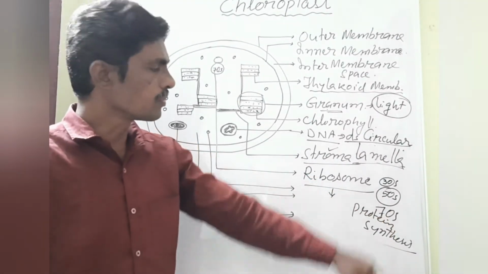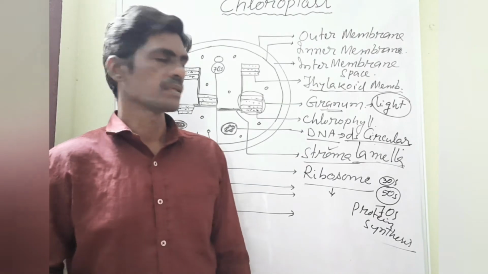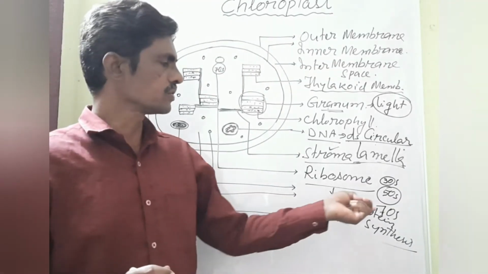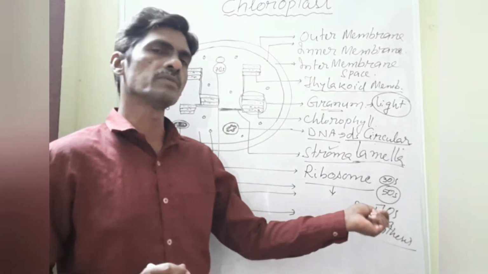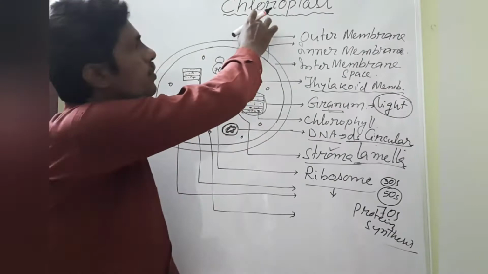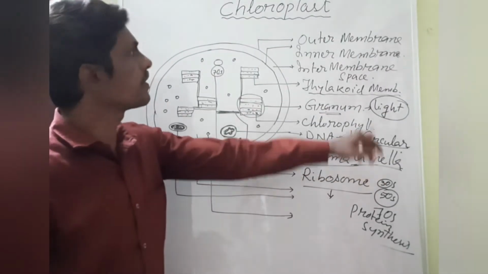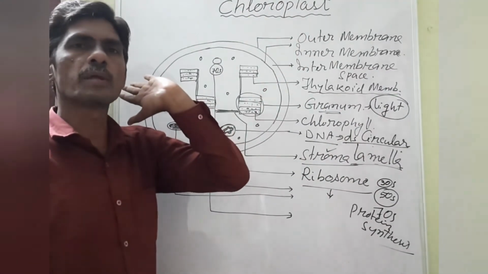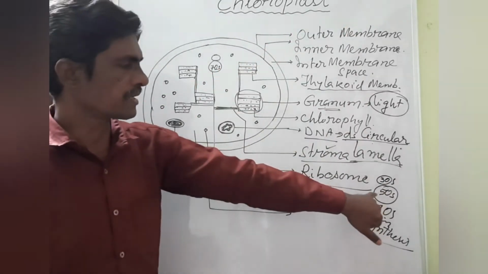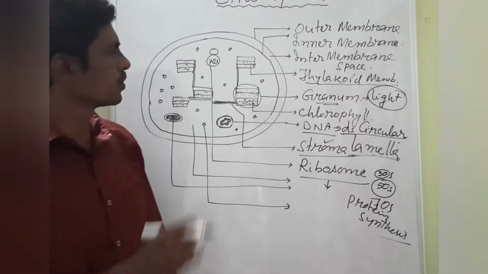So we can also call it the prokaryotic ribosome, because in bacteria also 70S type ribosomes are found. So we can say that prokaryotic ribosomes are found in chloroplast, prokaryotic or bacterial DNA is present in chloroplast, and bacterial ribosome is present in chloroplast.